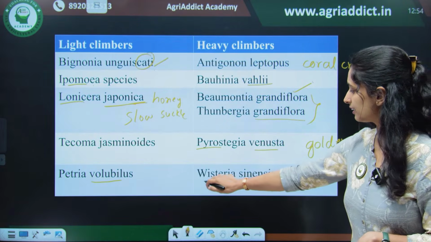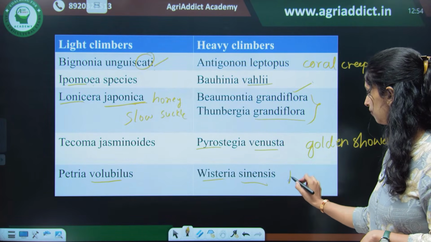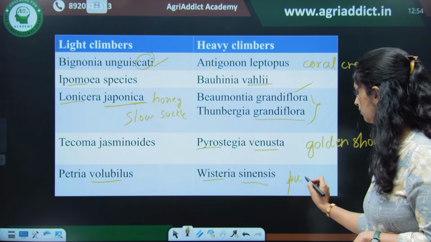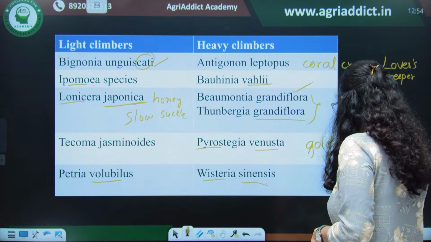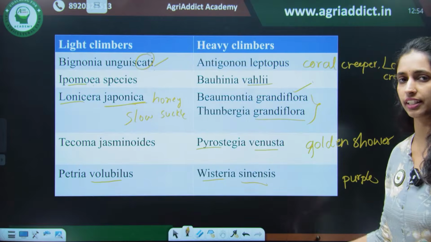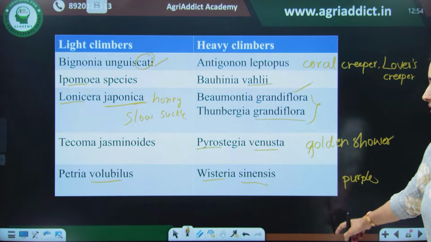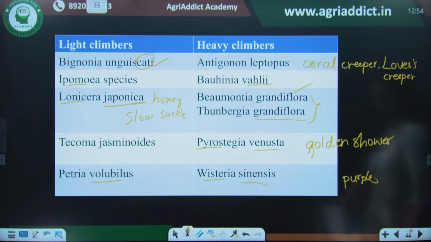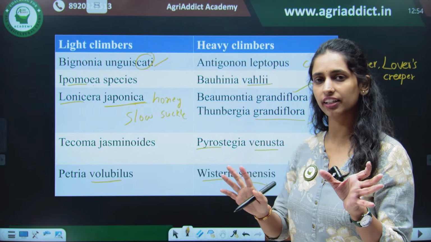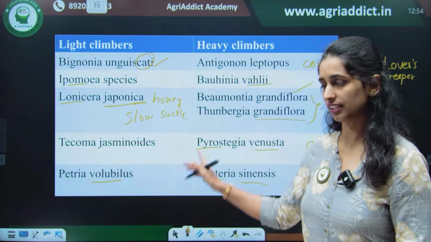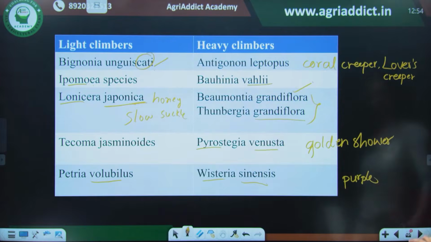And Wisteria sinensis, इसका भी पर्पल फ्लावर होता है, पर्पल और ब्लू. Okay, purple for Wisteria sinensis or chinensis. So you remember this. China people, they will occupy all the area. You remember wisteria is a very wide plant, that is a heavy climber.